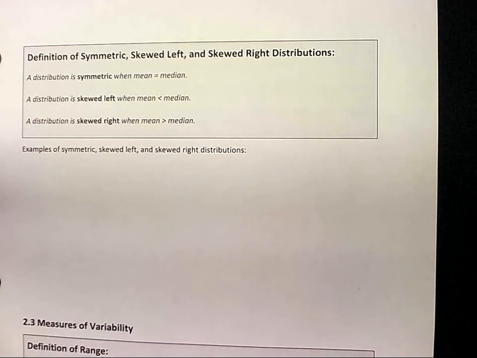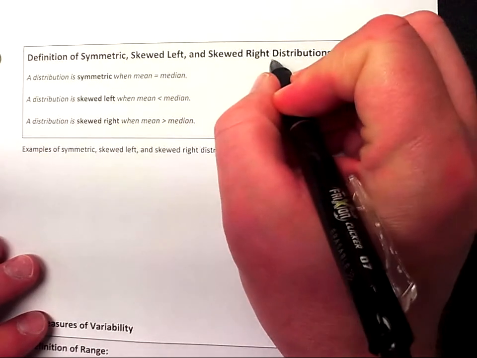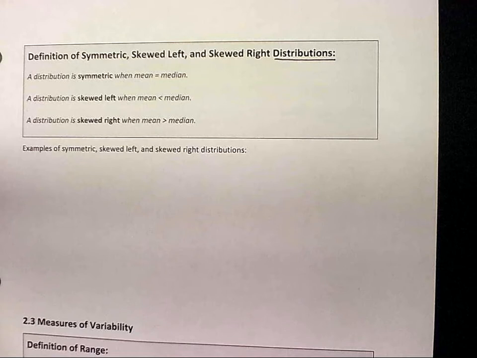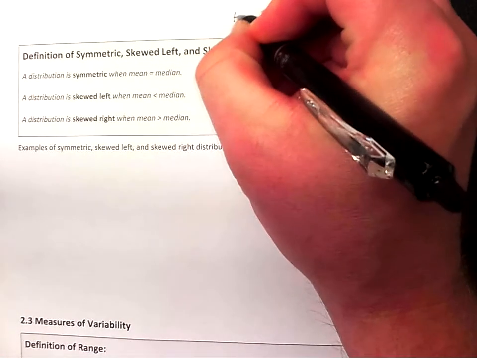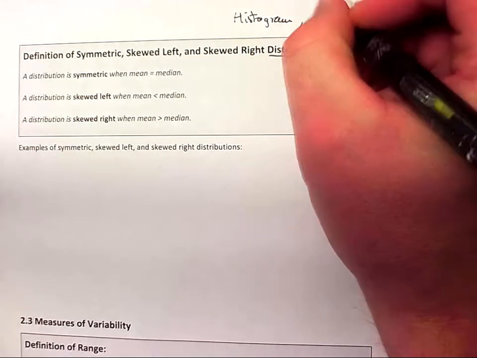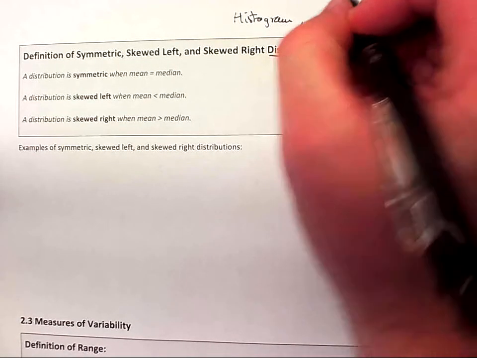All right. Next thing that we're going to look at is the definition of symmetric, skewed left, and skewed right distributions. So, first off is this. This distribution thing, you can think of this as any kind of histogram or relative frequency histogram.